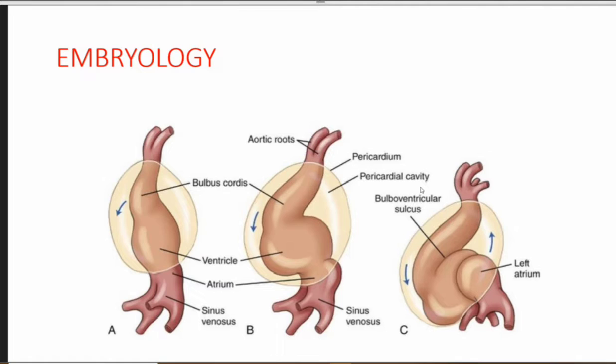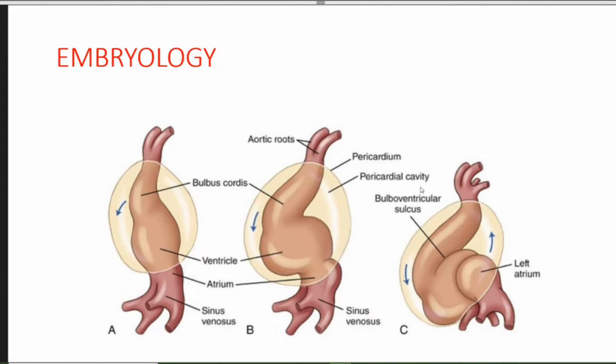Please let us spend some time here because these basics are very important. So by this bend which happens towards the right side, we get what is called as a looping of the heart. And by the clockwise rotation which happens, we bring the bulbus cordis anteriorly, the primitive ventricle to the left, and the primitive atria posteriorly.